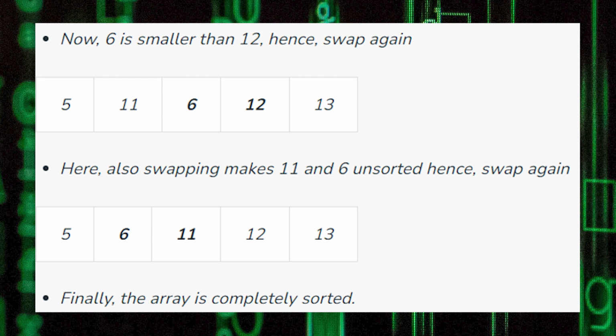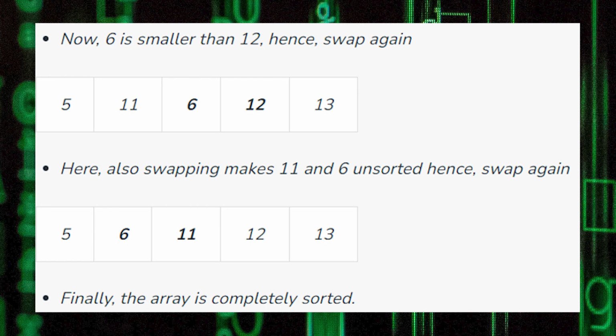In the last pass, we compared the temporary variable element 6, and 4 comparisons are done, but only 3 swaps. After the 4 passes, the array will be sorted and the output of the array will be as follows: 5, 6, 11, 12, 13. These are the part of the sorted array, and now we do not have any element in the unsorted part.